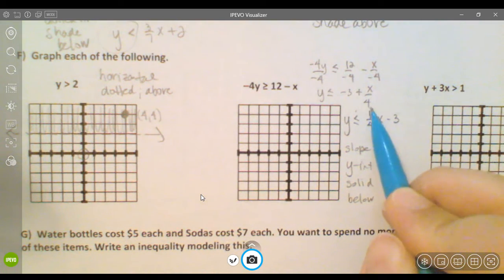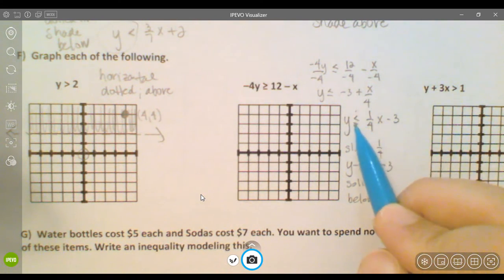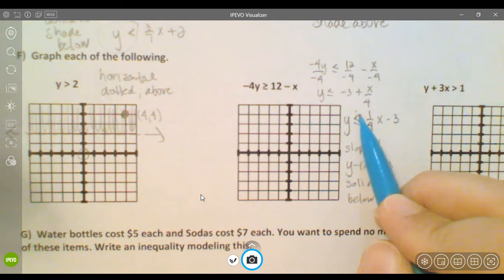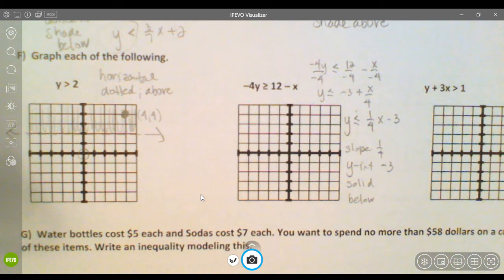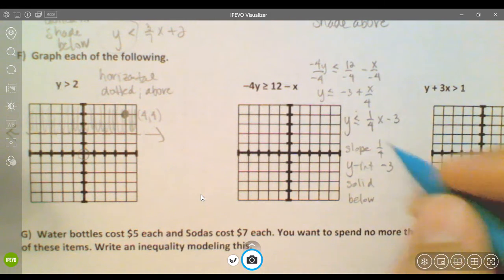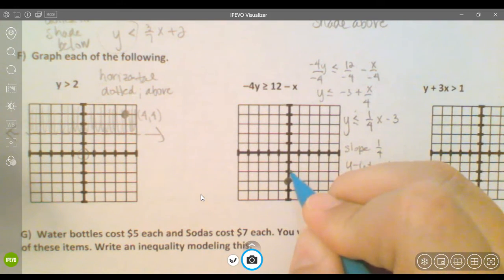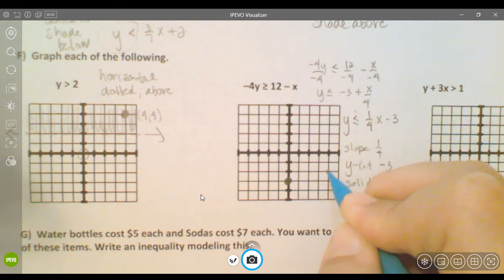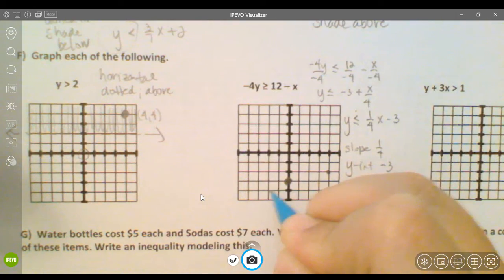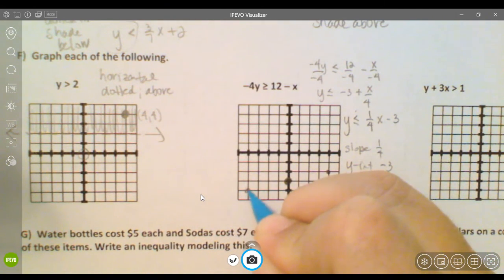Y-intercept, -3. Slope, 1/4. I can equal, so it's solid. I'm less than, so we shade below. Y-intercept, -3. My slope is 1/4. 1, 2, 3, 4. And I can also go this way, remember?